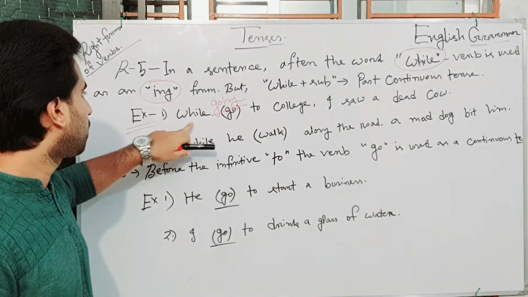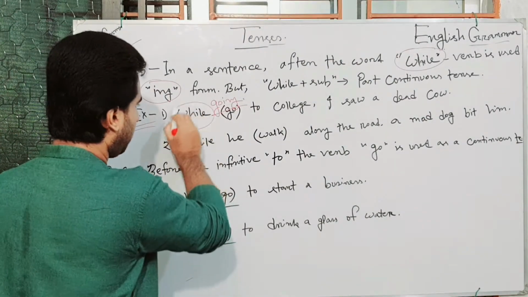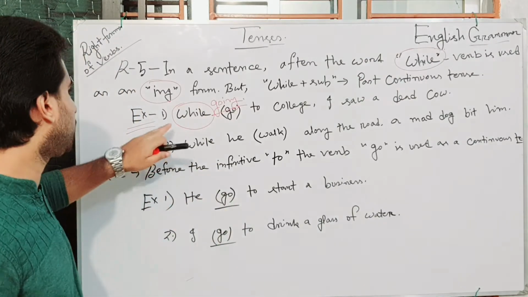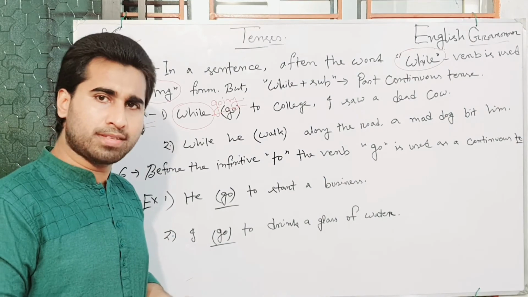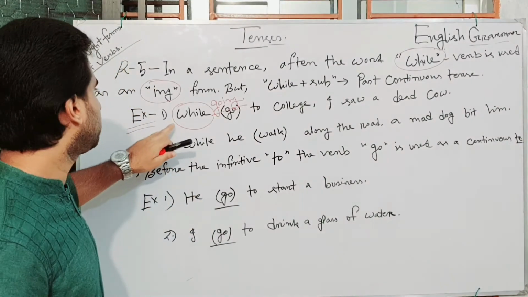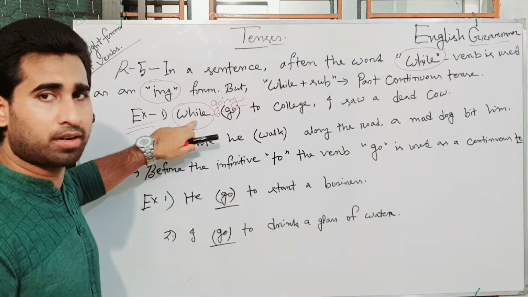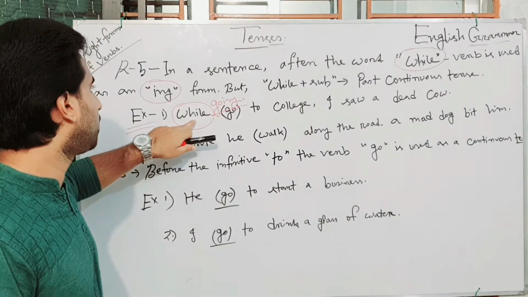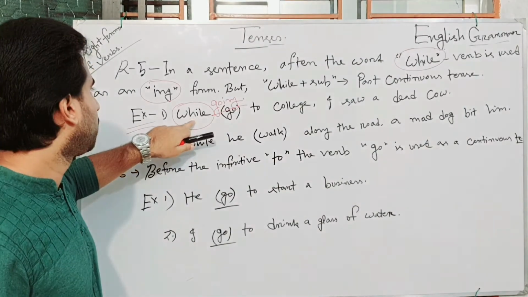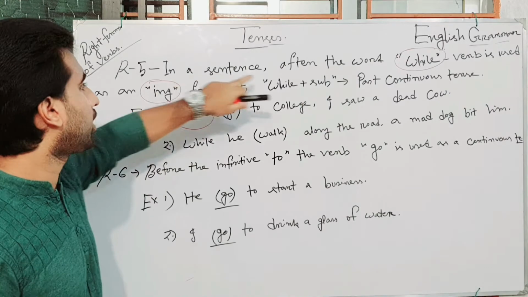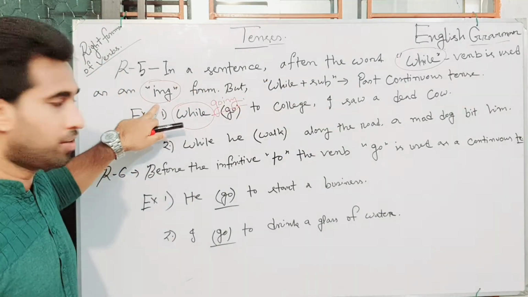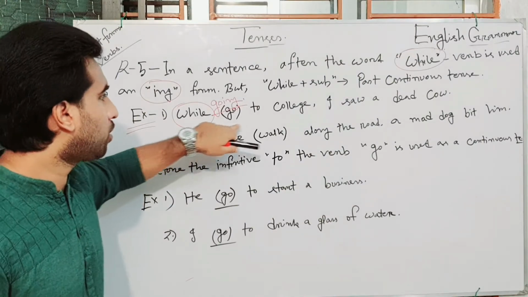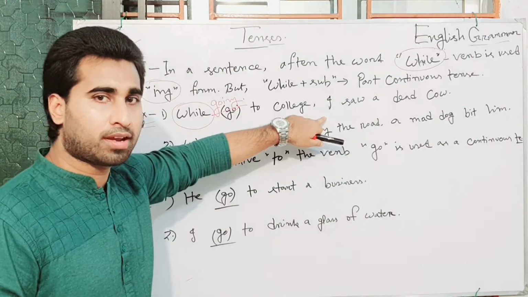Dear followers, "while" is an important word, because if you make a complex sentence, you have to use this word. It's a very essential word in English grammar. While, look at this rule. In a sentence, after the word while, the verb is used in the ing form. While going to college, I saw a dead cow.